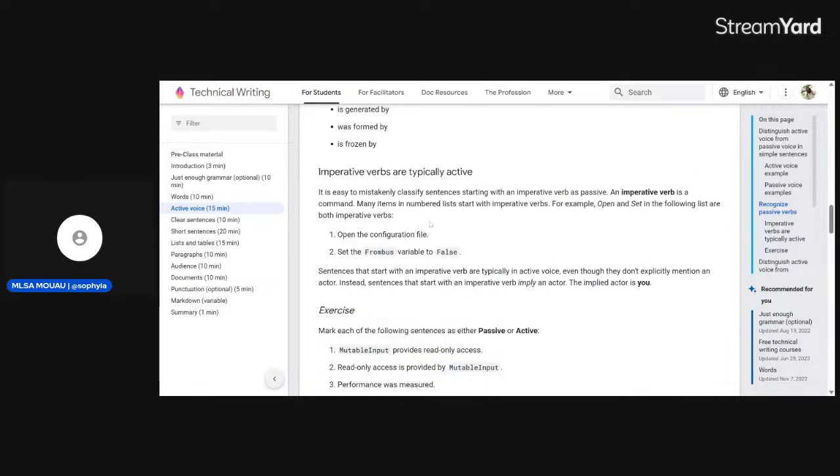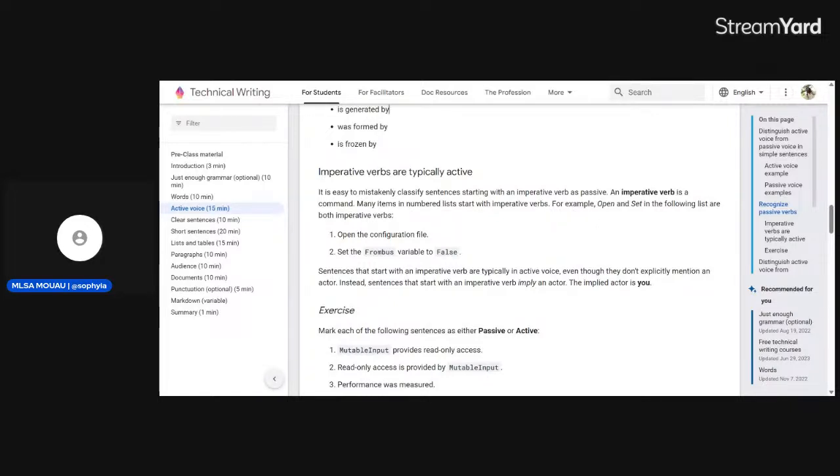Another thing here that it says is imperative verbs are typically active. So what is an imperative verb? An imperative verb is a command. Many items in a numbered list start with imperative verbs.